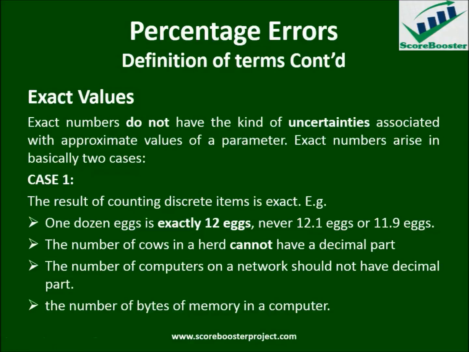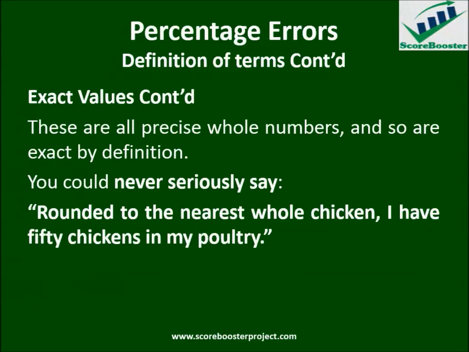So also the number of computers on the network, the number of bytes of memory in the computer. All these stated examples and many others are always exact by definition. They are all precise whole numbers and they're never arrived at by rounding up.